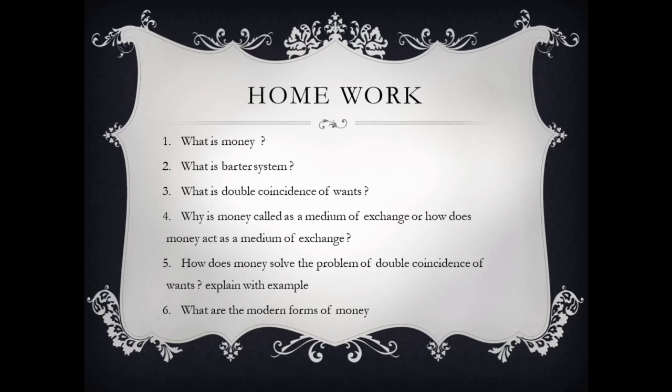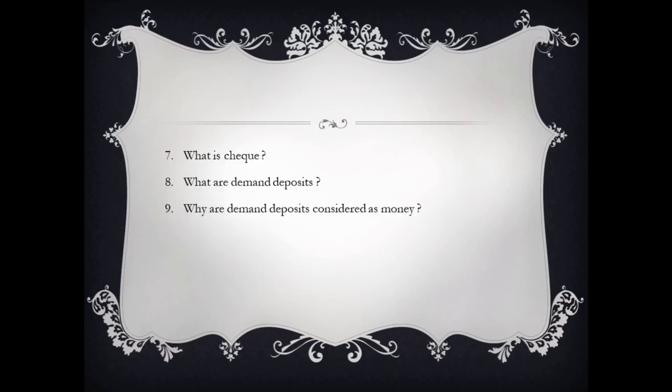How does money solve the problem of double coincidence of wants? Explain with an example. What are the modern forms of money? What is a check? What are demand deposits? Why are demand deposits considered as money?